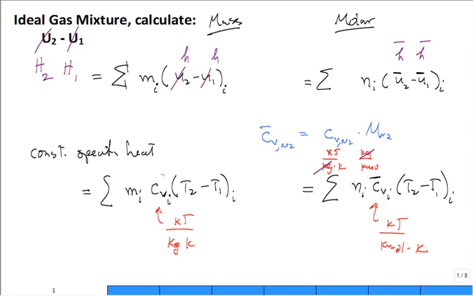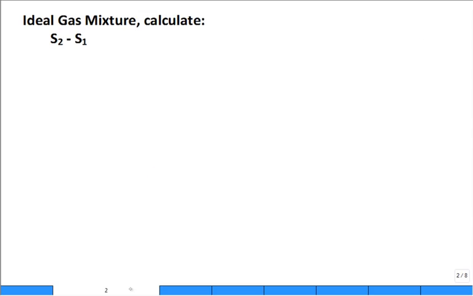And then instead of the CV, what do we have? CP. The CP. All right? Likewise. So it's easy. Once I understand change in internal energy, the change in enthalpy is easy. Okay. Little harder here. All right.